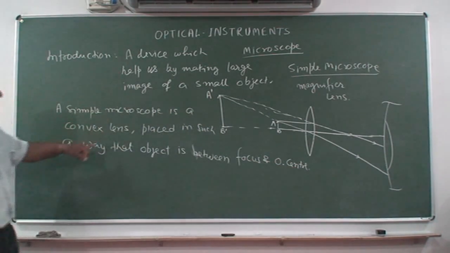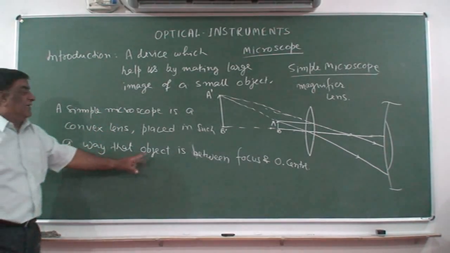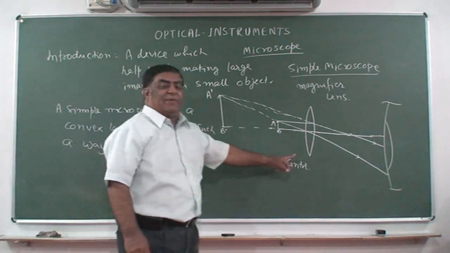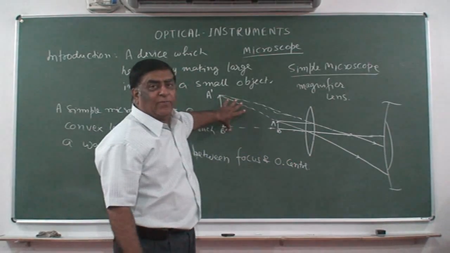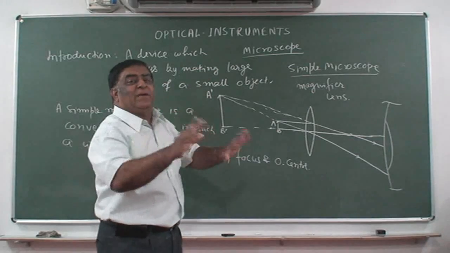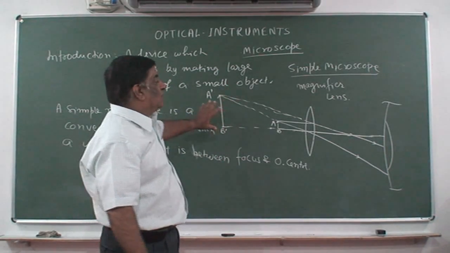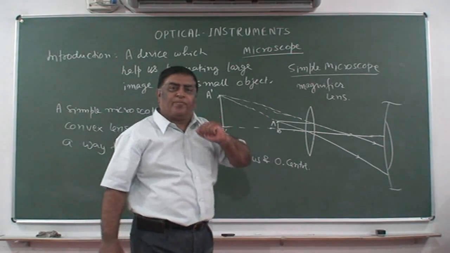This is a simple microscope. How is the image formed? The image formed is erect and large, maybe it is virtual, but we are able to see it erect and large. So this is a simple microscope.